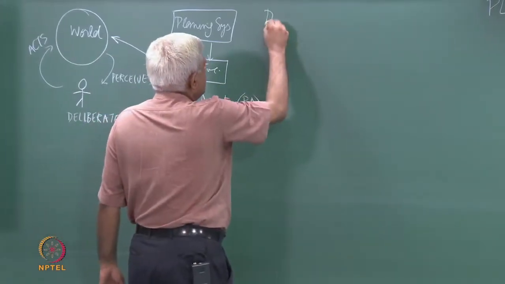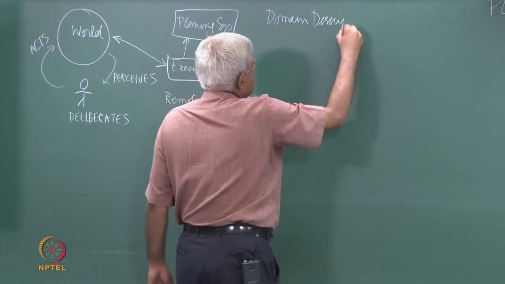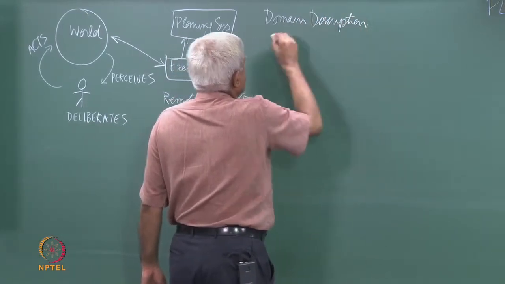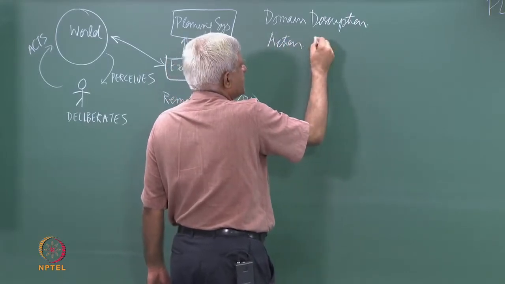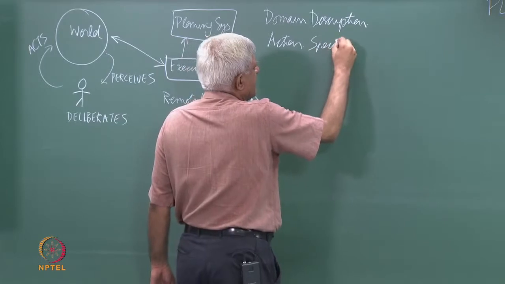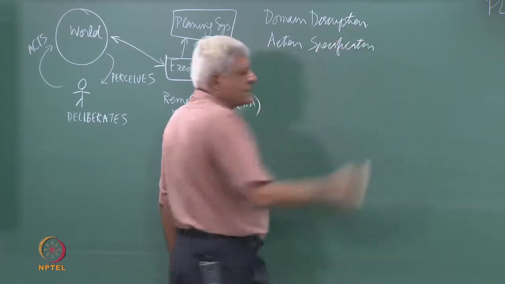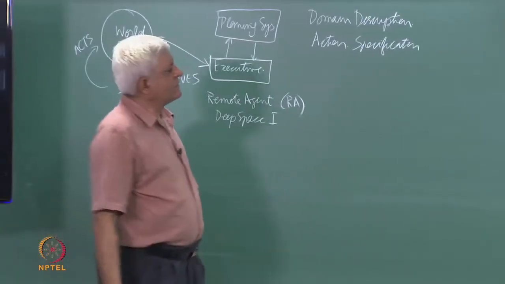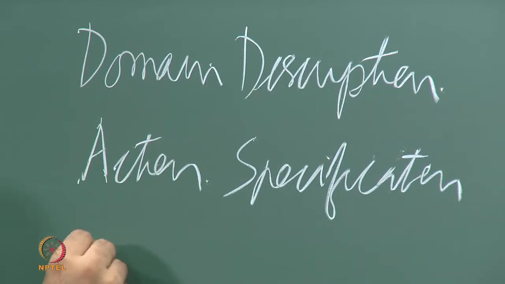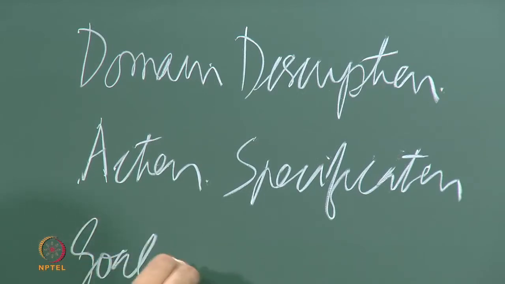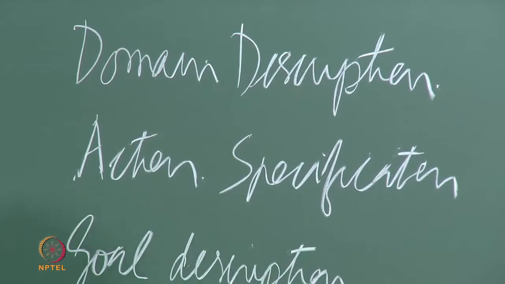We are going to talk of domain description, action specification, or action description, describing what actions are available to you, and of course, goal states. We will look at this in a little while.